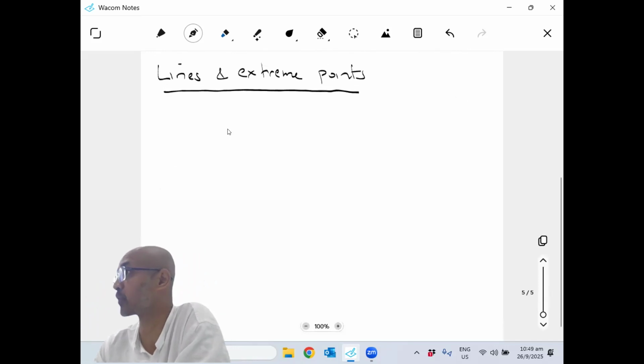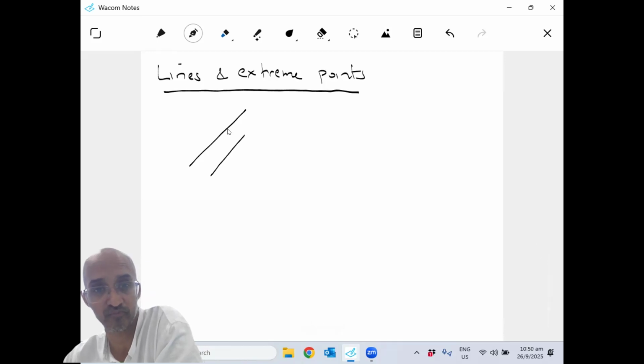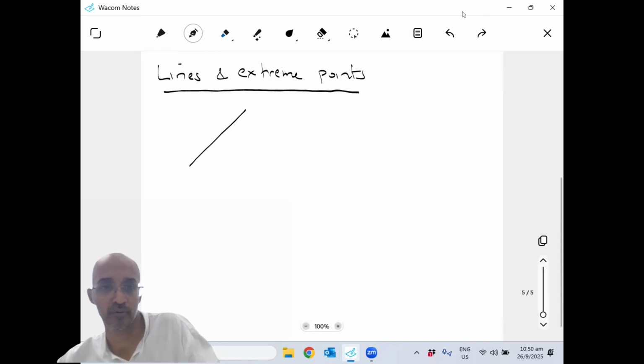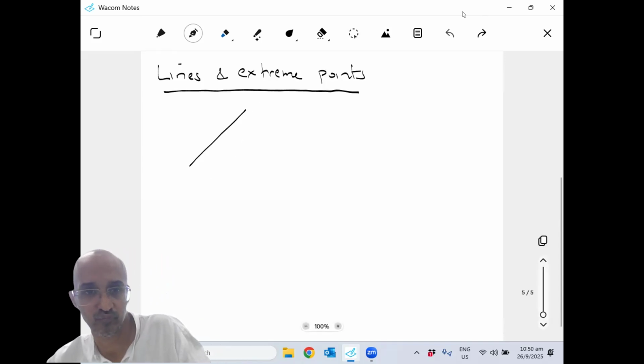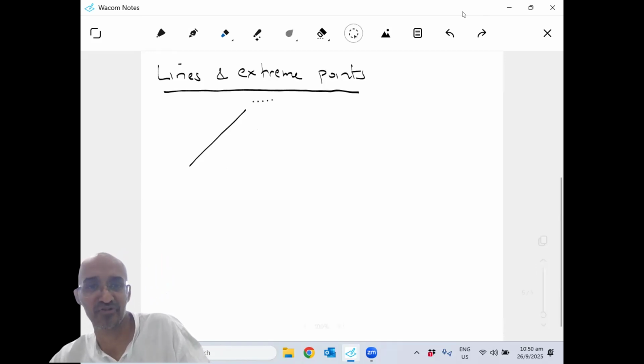I can create polytopes where there is no corner point. So for example, if I take a polyhedron which looks like this, these are supposed to be two parallel lines. It's hard for me to draw parallel lines, so let me just cut and paste.